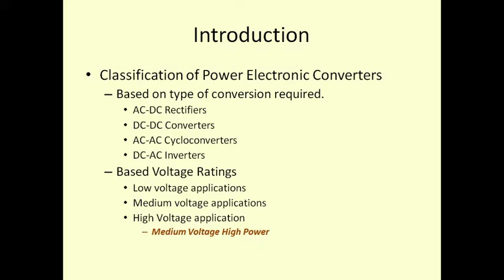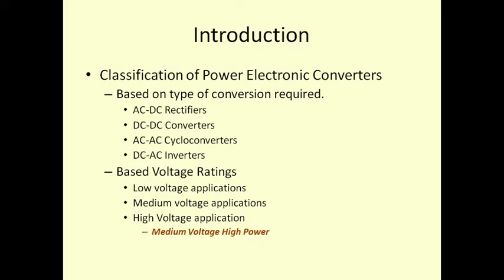Then we have DC to AC converters, known as inverters, and we are more familiar with these because we have these converters in our house appliances. Whenever the light goes off, inverters come into play, and our power is back.